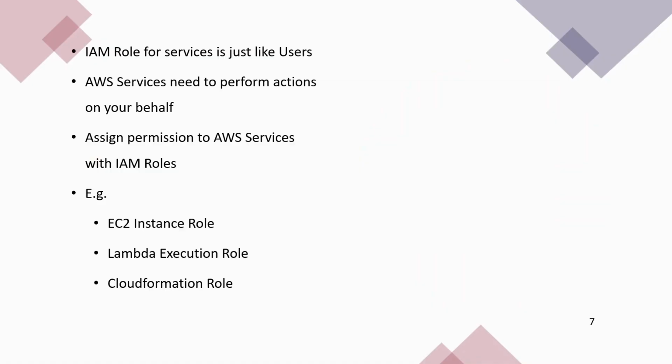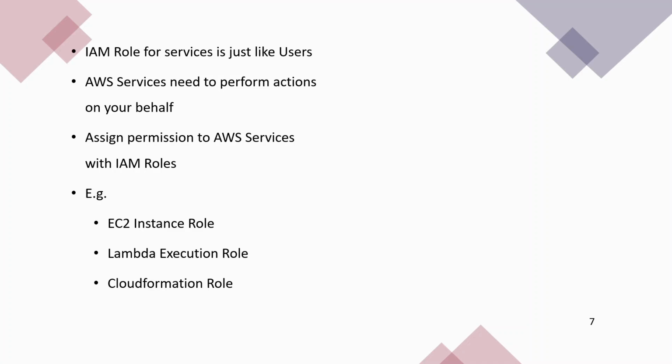IAM roles for services. IAM roles for services are just like users. An EC2 instance is assuming a role to create an S3 bucket and to create objects in the S3 bucket. AWS services need to perform actions on your behalf.